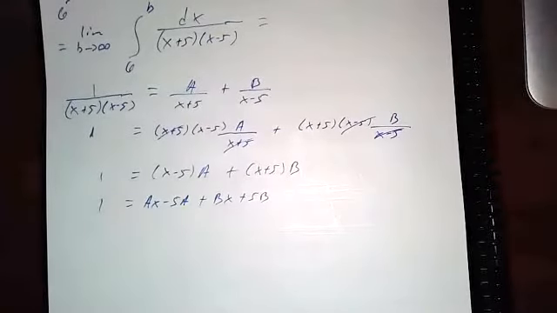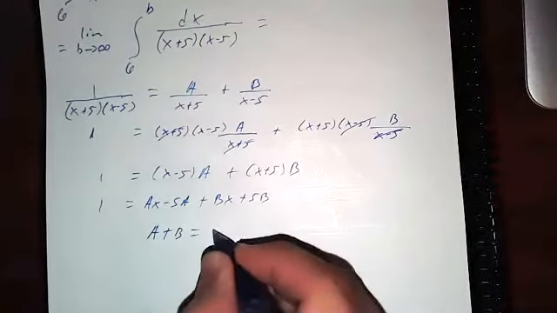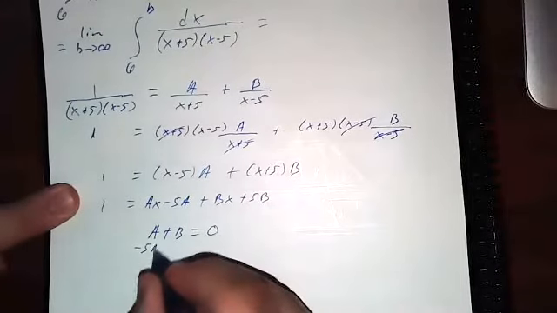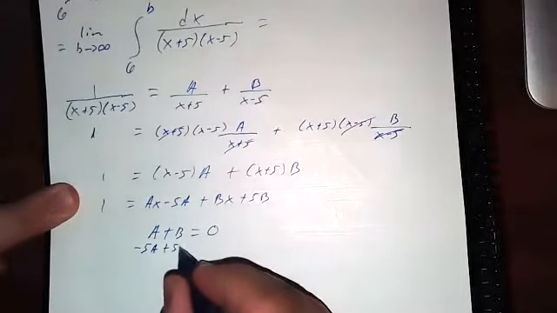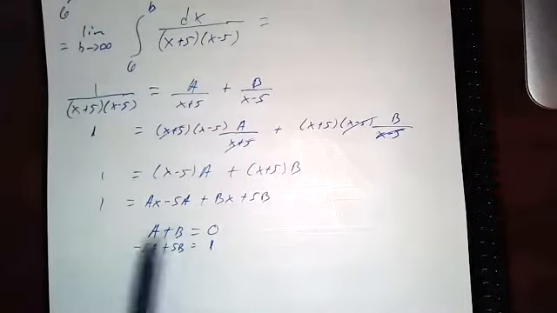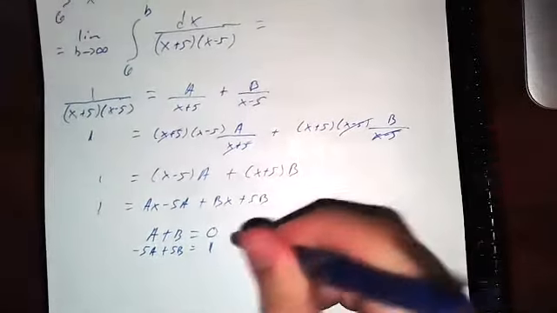So we equate the coefficients. I'm going to take anything with an x and set it equal to any x coefficient over here. There is none. Anything with a constant equal to a constant. So solve this system. You can use a matrix or whatever you want.